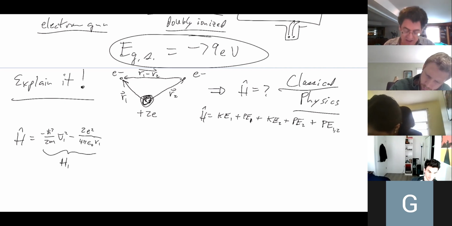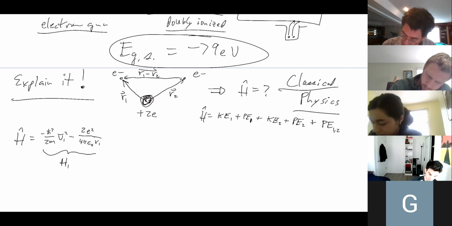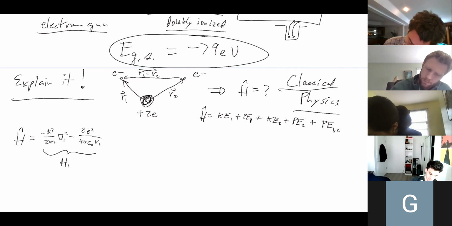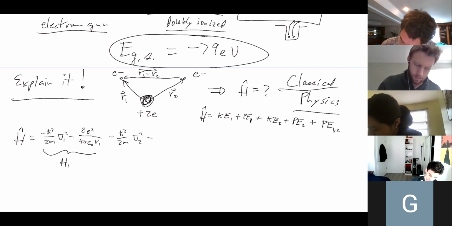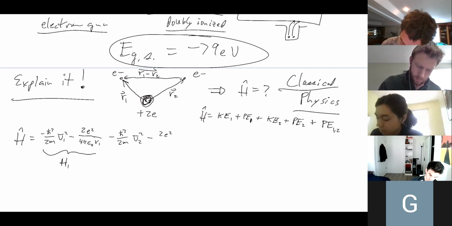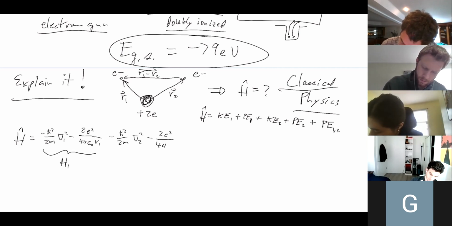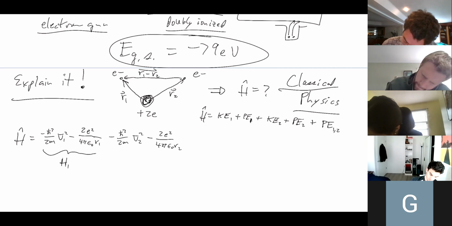I'm going to call that H1. H1 is the Hamiltonian of just one electron in the hydrogen atom. And then for the second one I write minus h bar squared over 2m del squared acting on particle 2, minus 2e squared over 4 pi epsilon naught R2.